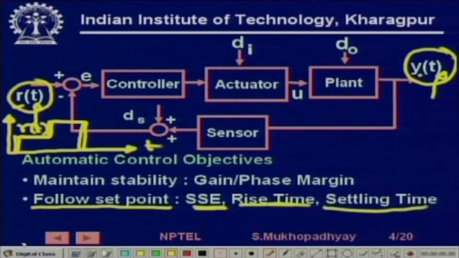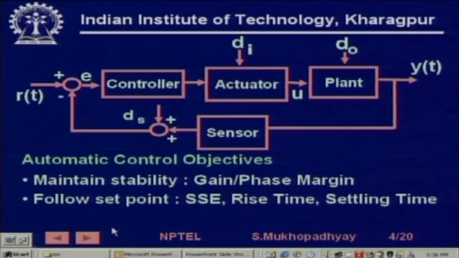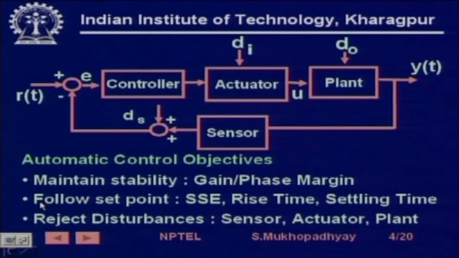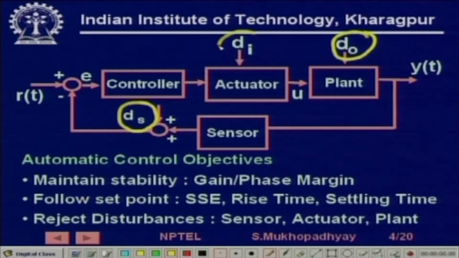The next important point is of course to reject disturbances. That is, even if the output once comes close to r, there are several external signals working on this process which are not in our control. So, there are output disturbances or load disturbances which occur very often.